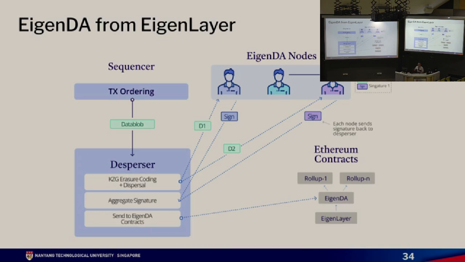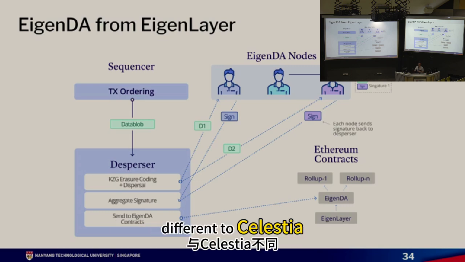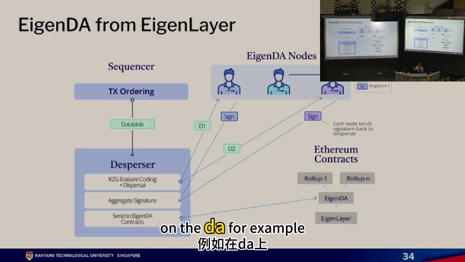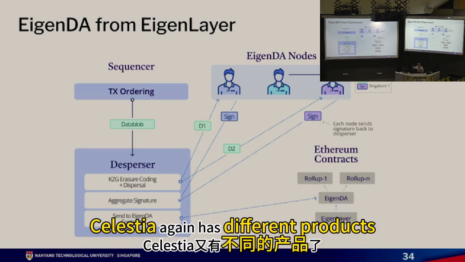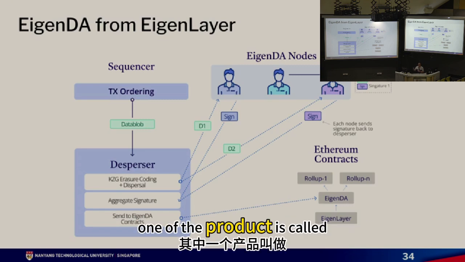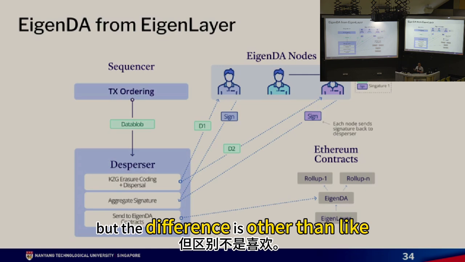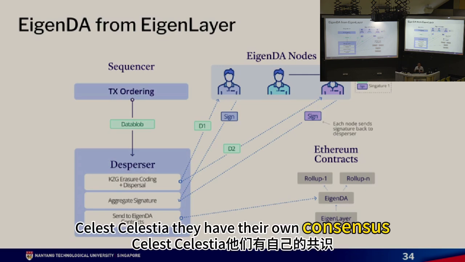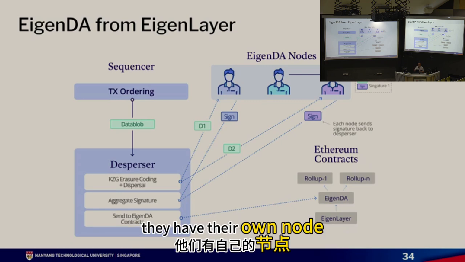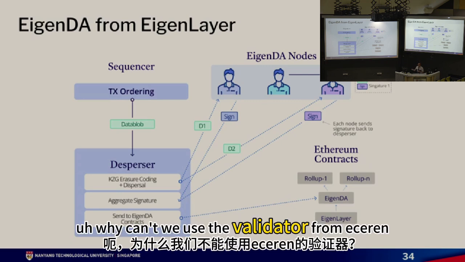Different from Celestia on the DA side, Eigen has different products. One of the products is called Eigen DA. It's a service similar to Celestia, but the difference is that Celestia has its own consensus and its own nodes. Why can't we use the validators from Ethereum?